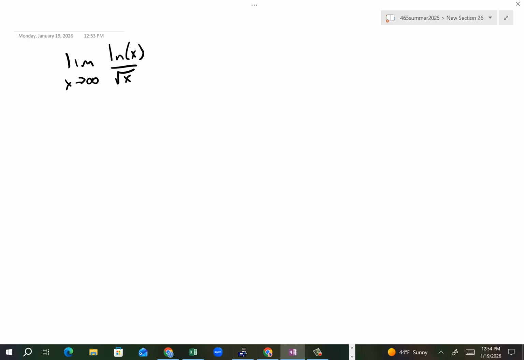And so if you do this, that's infinity over infinity. That's no good. The derivative is 1 over x. What is the derivative of the bottom? Now remember, that's x to the 1/2. So it's going to be 1/2 x to the minus 1/2, which is 1 over 2 root x. But notice where that is.